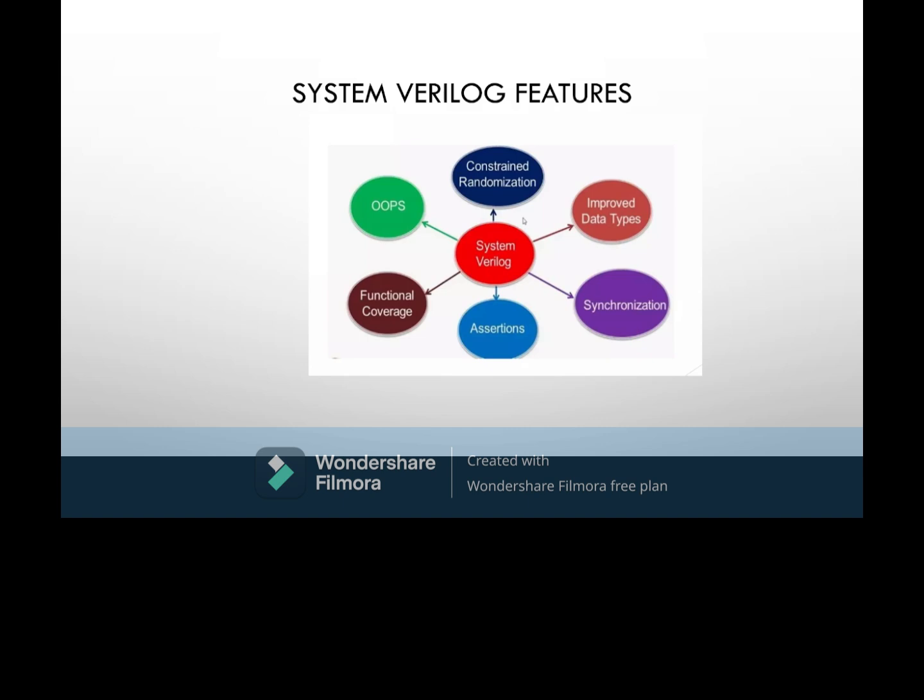So this is the review on Verilog, why, even though we have Verilog, we have come to SystemVerilog, and some of the advantages of SystemVerilog we have seen in this video. In the next video we will be discussing SystemVerilog advantages, and we'll be seeing many more things.